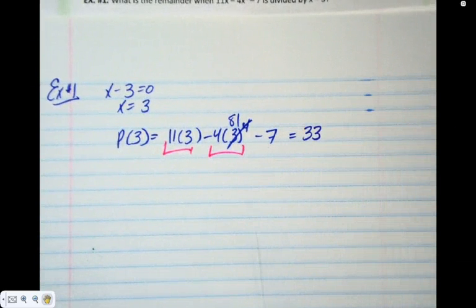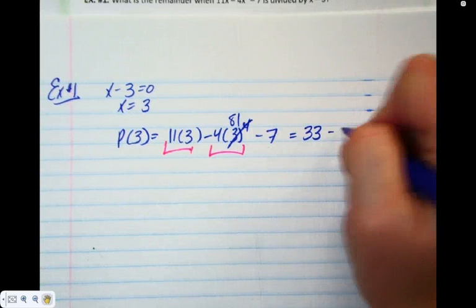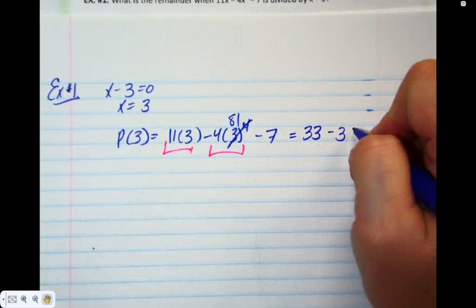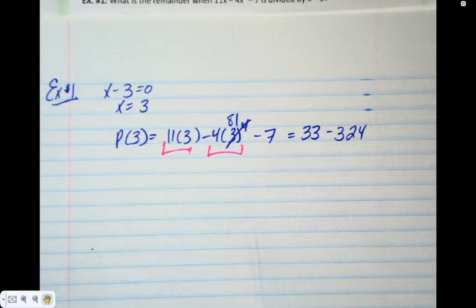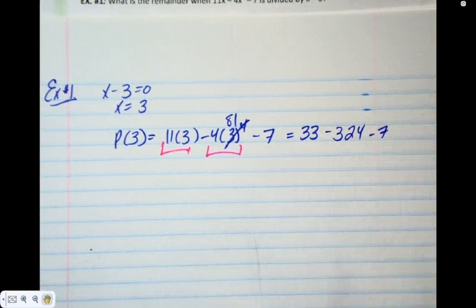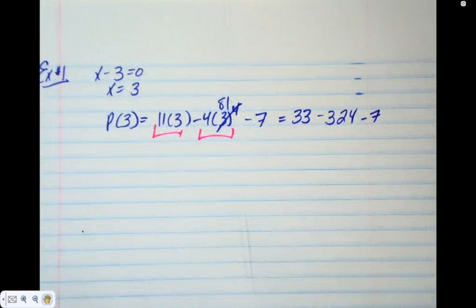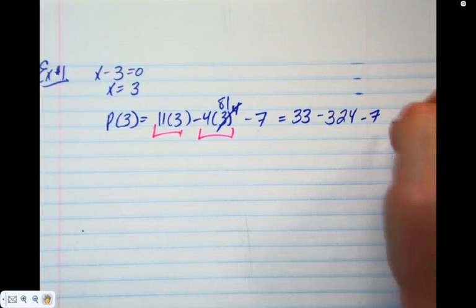4 times 81, we'll do 4 times 80, which is the same as 4 times 8 with a 0. So 4 times 80 is 320, and then 4 times 1. Put those together to get 4 times 81, 324. And then I've got a minus 7 hanging around. Then it's just collecting the like terms, so just adding it up.